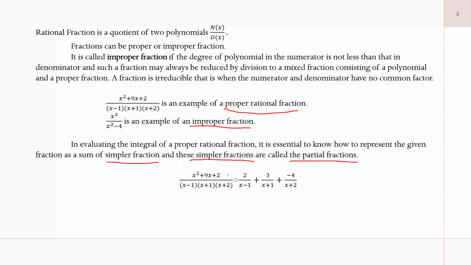For example, we will convert x squared plus 9x plus 2 over (x minus 1)(x plus 2)(x plus 2) into 2 over x minus 1, plus 3 over x plus 1, plus negative 4x plus 2. This is what we call a partial fraction.